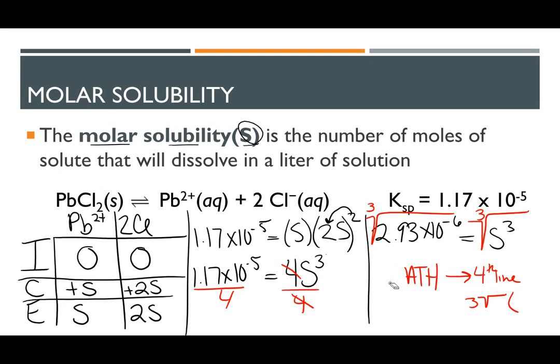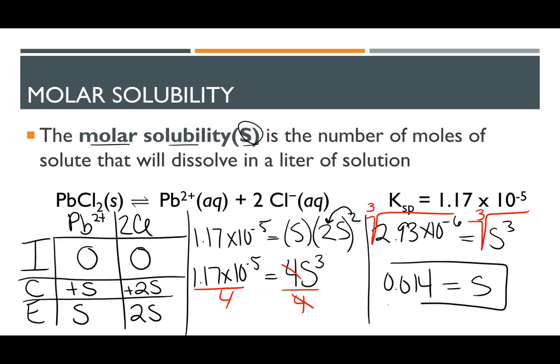That's how you type it into your calculator. So I'm going to hit math, go down to line 4, and then I'm going to type in 2.93 times 10 to the negative 6th. So S equals 0.014.